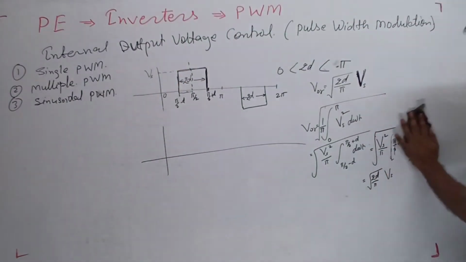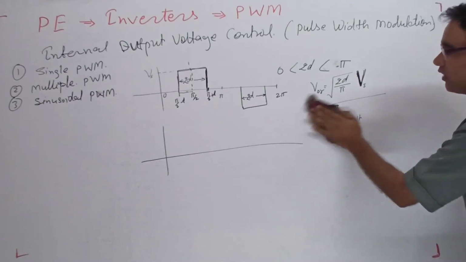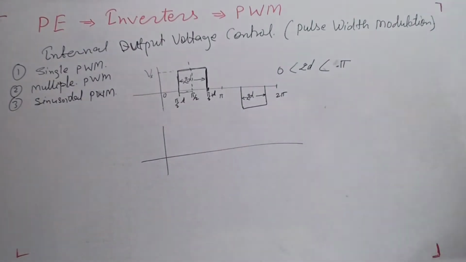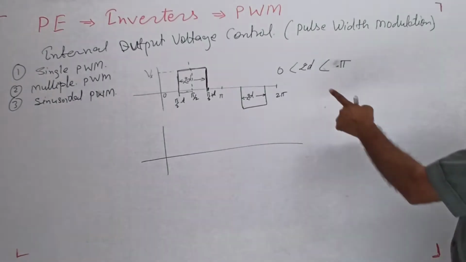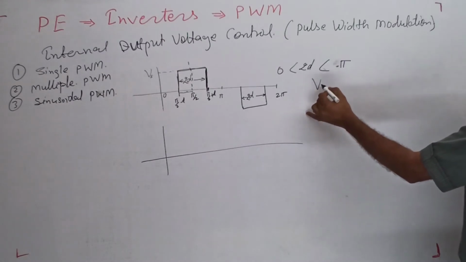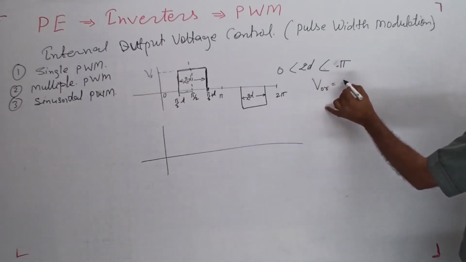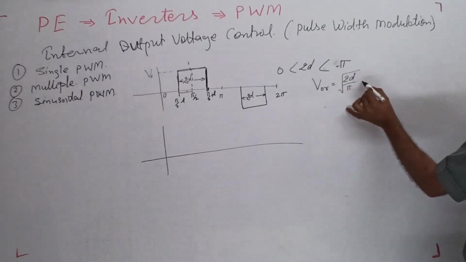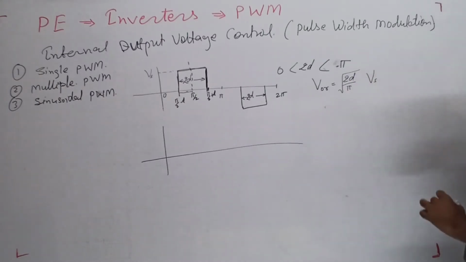So this is about the output voltage. The pulse width will vary from 0 to 2 pi, and the RMS output voltage is the square root of 2d upon pi, into Vs.